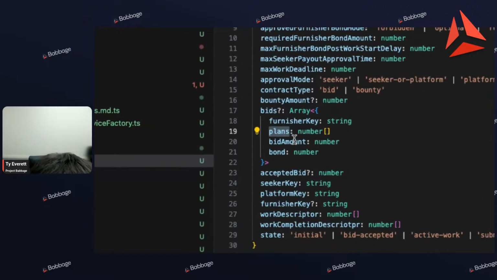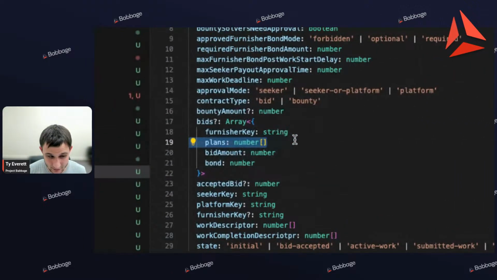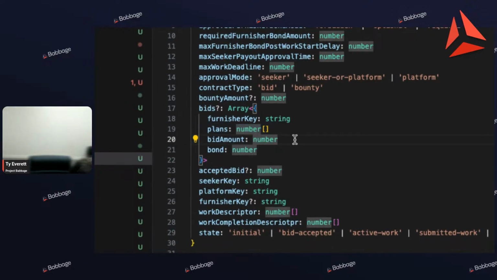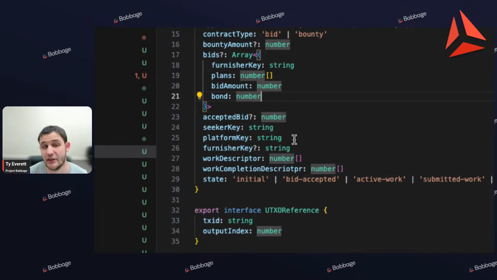We've got the plans, which would relate to any specific things that the furnisher would do in furtherance of completing the services. You've got the amount of the bid, and then you've got a bond amount. So how much are you going to stand to lose if you fail?